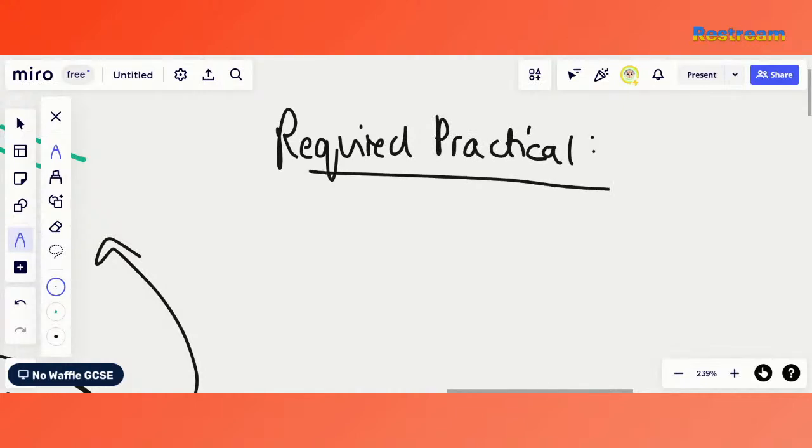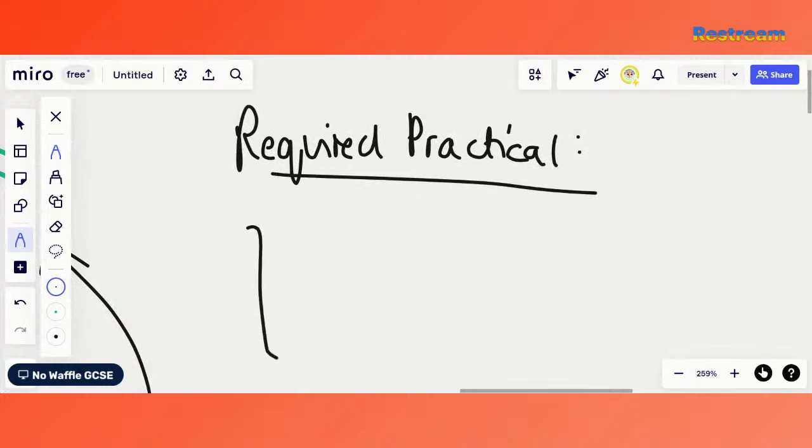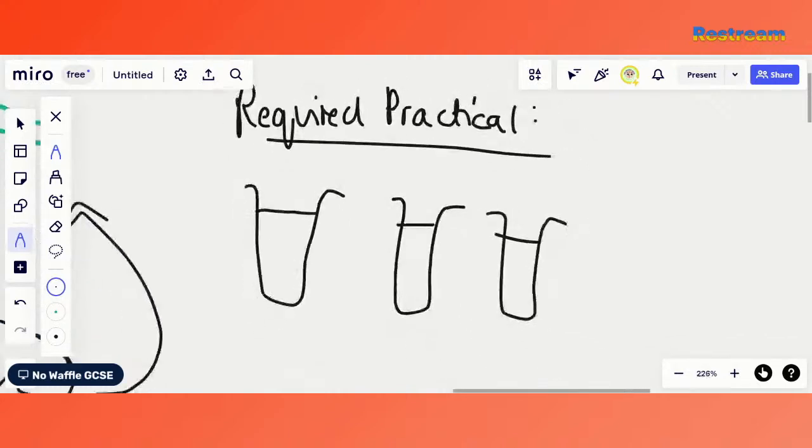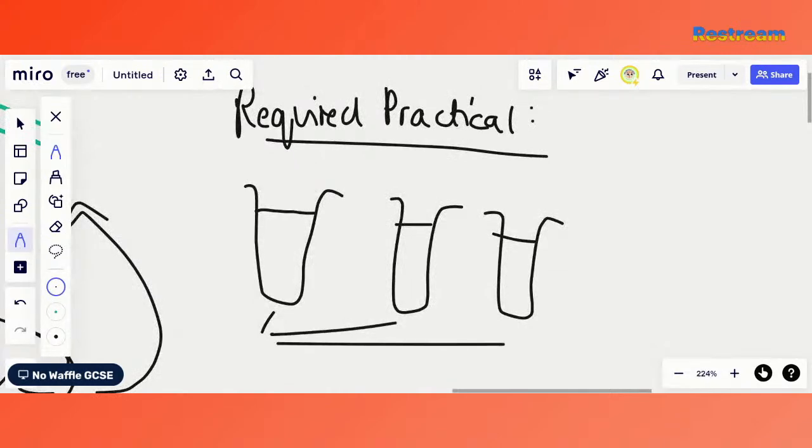For osmosis, you begin with 3 different solutions. Excuse the drawings. Each solution is going to have a different concentration, it can be of sugar and water, or it can be of salt and water, whatever.